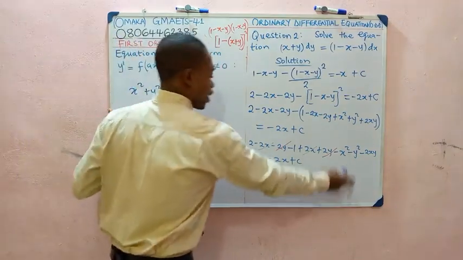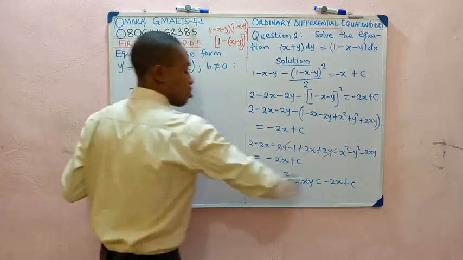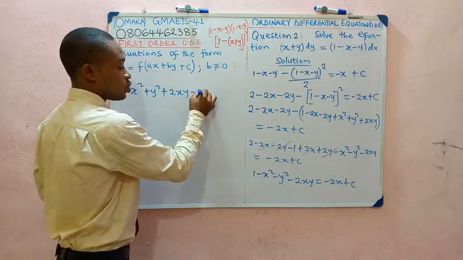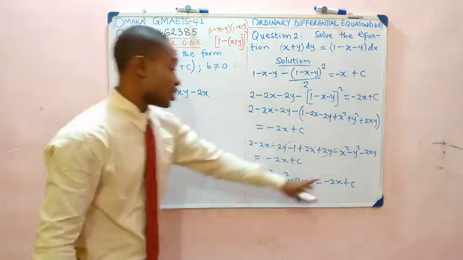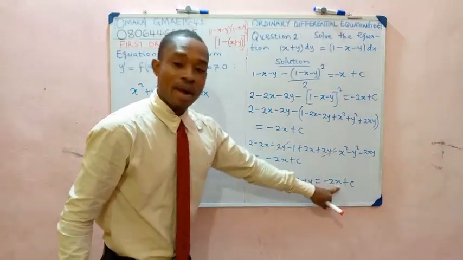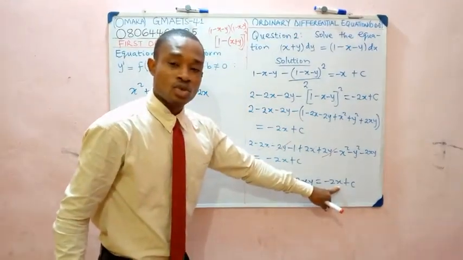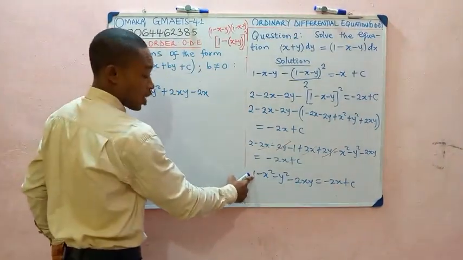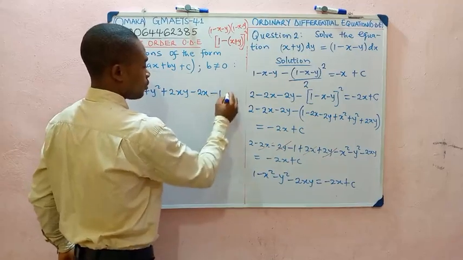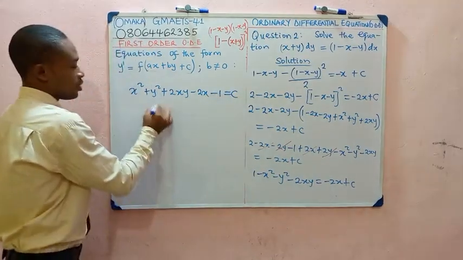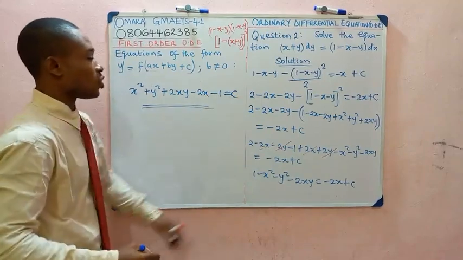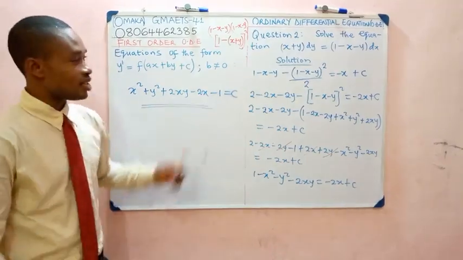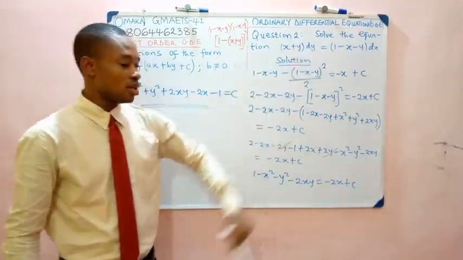Remember that this minus 2x is coming over to the left. So if you multiply it again by minus, it's going to change to minus 2x. On the right hand side, multiply by minus 1, you get plus 2x, then transfer it to the left. Remember that you have minus 1 here already. Everything will be equal to c. And this becomes the simplified form of this general solution. And hence, the solution to this differential equation.